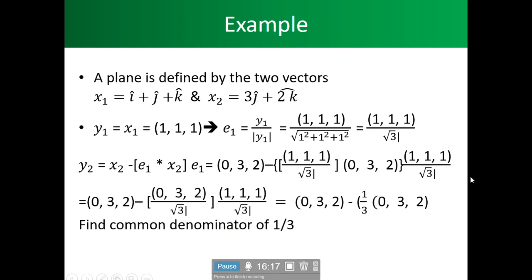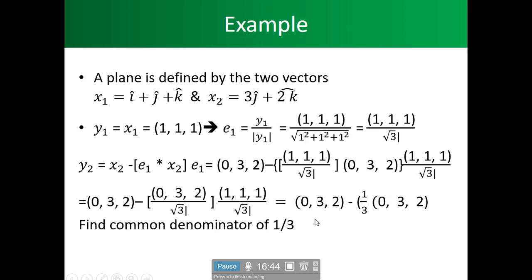As we can see here, when we multiply this, we get 2 of the square roots of 3 multiplied times each other, which gives us 1 over 3. And we multiply this out, and we get 0, 3, 2.